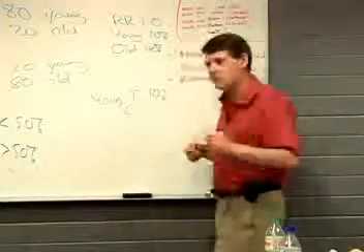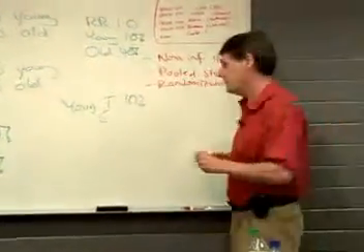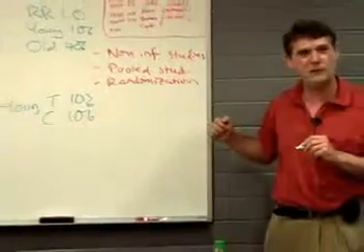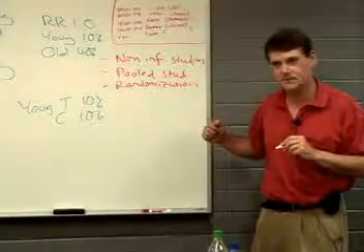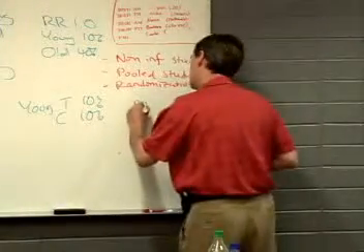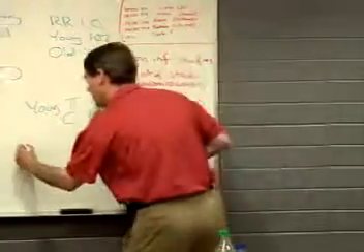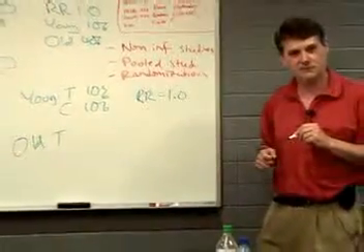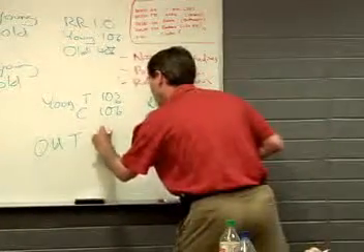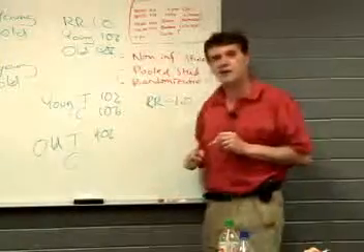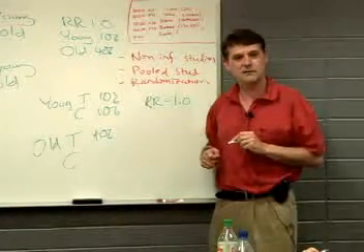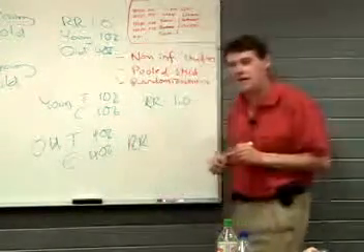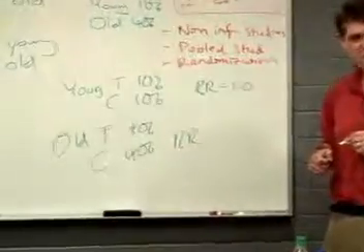Of the young people in the control group, what is their risk of dying? What's the relative risk of dying in the treatment versus the control group among the young folks? 1. In the old people, what is the risk of dying in the treatment group? 40%. In the old people, what is the risk of dying in the control group? 40%. Thank you. What is the relative risk of dying in the old people? 1.